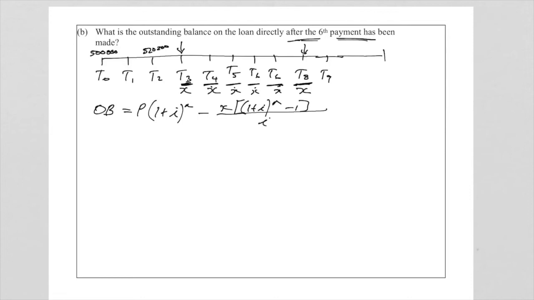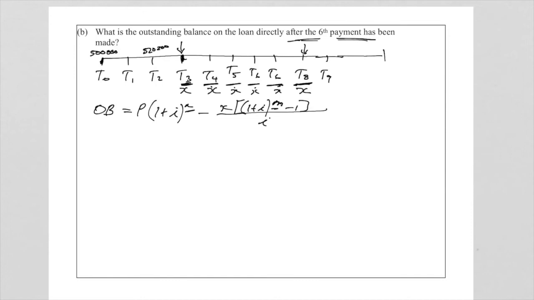Now what I would like to do is to call this exponent M. You will notice that normally within an outstanding balance, those two exponents will be the same, this one and that one. In this problem, it is not going to be the case, because we want to take the 500,000 right up to T8, and then we want the future value from T3 up to T8.